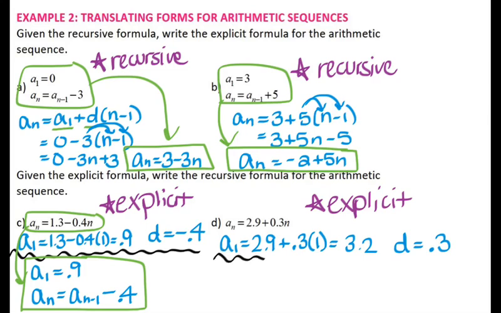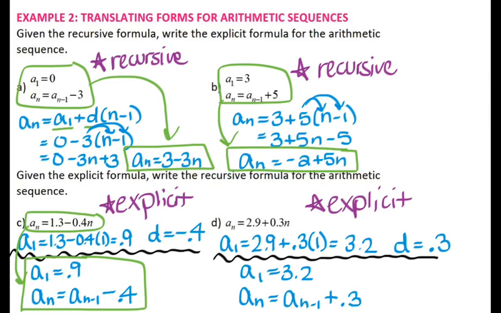And now that I have those two pieces of information, I can go ahead and write the formula for the sequence recursively. So a1 equals 3.2. And then the formula for the sequence, a_n equals my previous term, which is a_(n-1), plus 0.3. And then that is your recursive formula for the sequence.